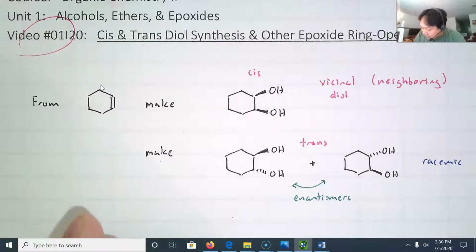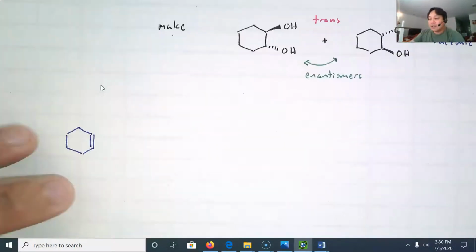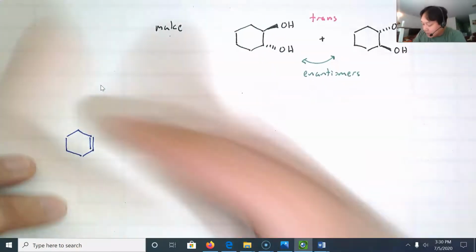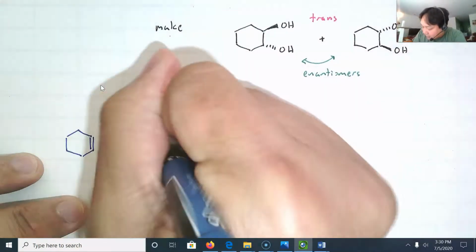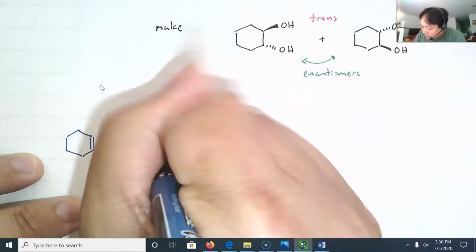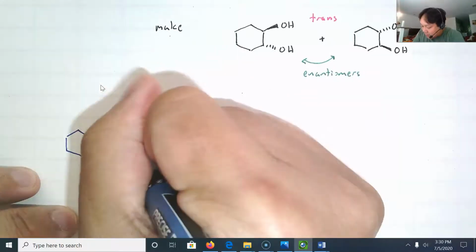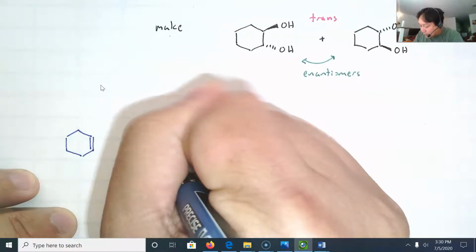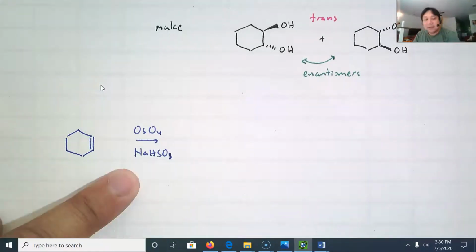This is not using an epoxide strategy. This is recalling our reactions from the alkene unit, and it's osmium tetroxide with NaHSO3, sodium bisulfite. Okay.